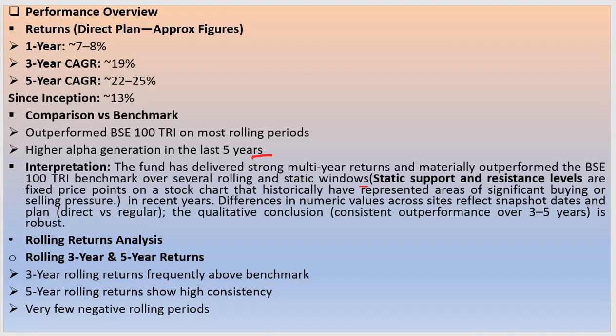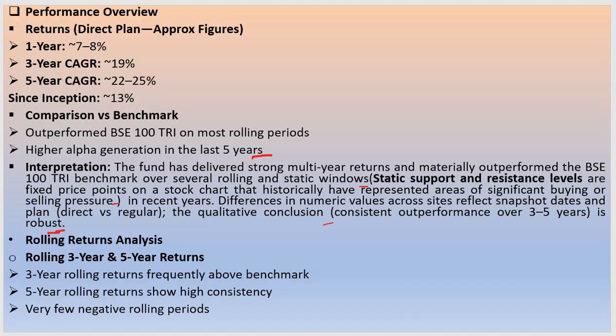In technical analysis, static support and resistance levels are fixed price points on a stock chart that historically have represented areas of significant buying or selling pressure. Differences in numerical values across sites reflect snapshot dates and plan, direct versus regular. The qualitative conclusion is consistent: outperformance over 3 to 5 years is robust.